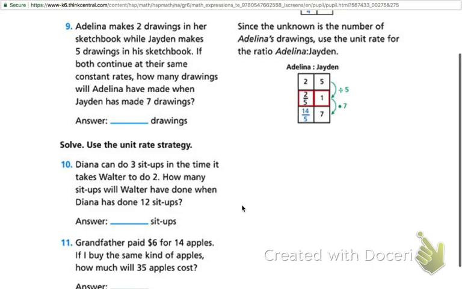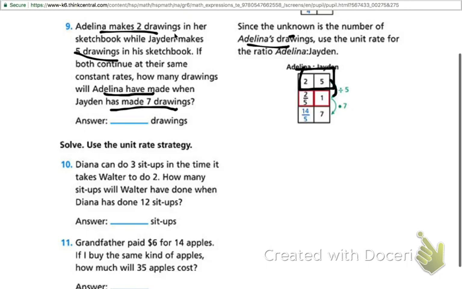Okay, so Adelina makes 2 drawings in her sketchbook, while Jaden makes 5, so that's 2 to 5 right here. How many drawings will Adelina have made when Jaden has made 7? So we use Adelina to change, since the unknown number is Adelina's drawings.